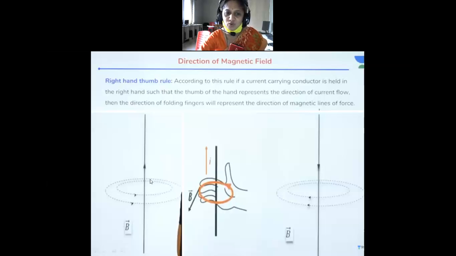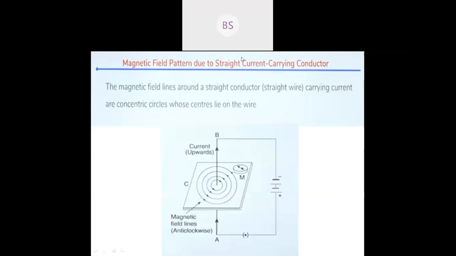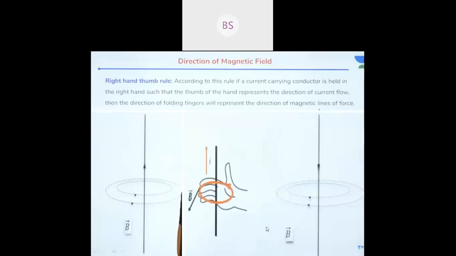That means the field is anti-clockwise. And if the current is flowing in the downward direction, you can see it changes. The magnetic field lines direction is this side, clockwise direction.